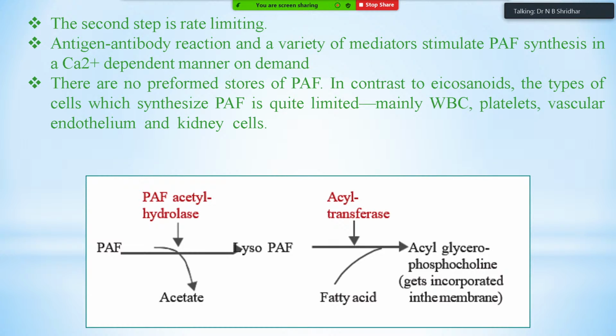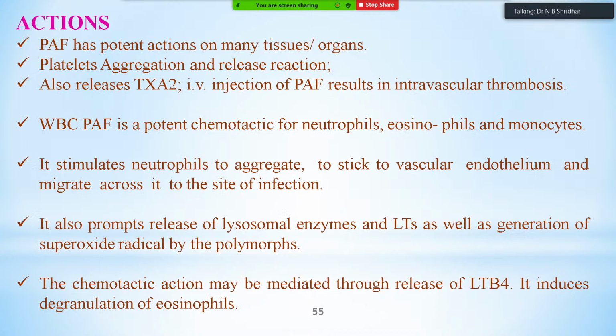Of course they are produced as and when they are required. In contrast to eicosanoids, the types of cells which synthesize PAF are quite limited, mainly WBCs, platelets, vascular endothelium, etc., and kidney cells. So it is produced in limited places but has a very important biological activity.